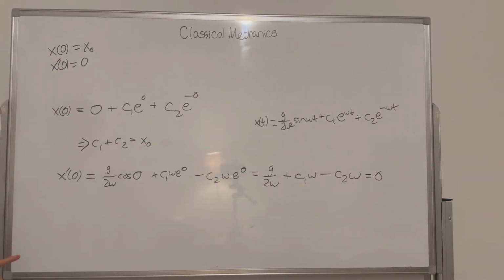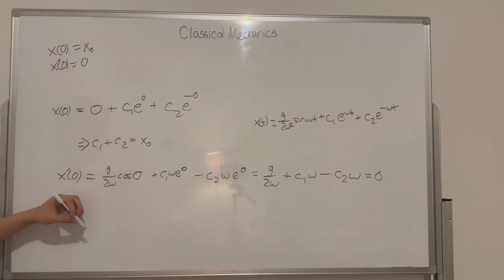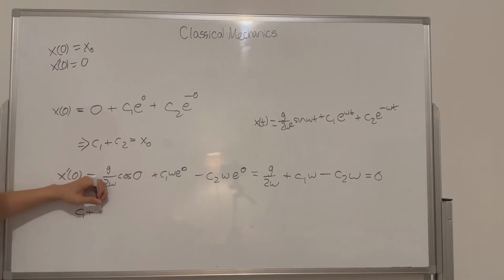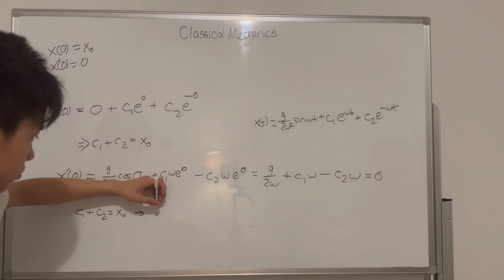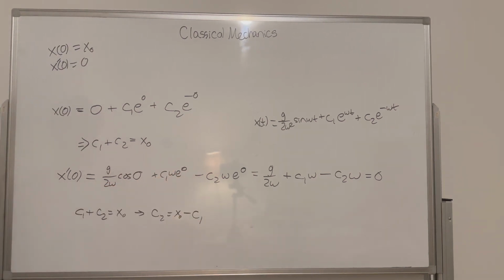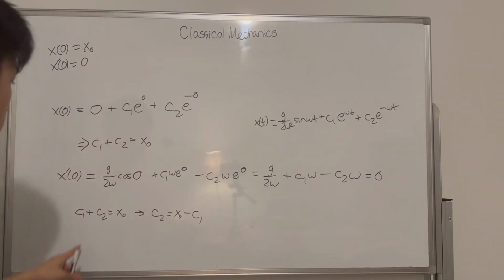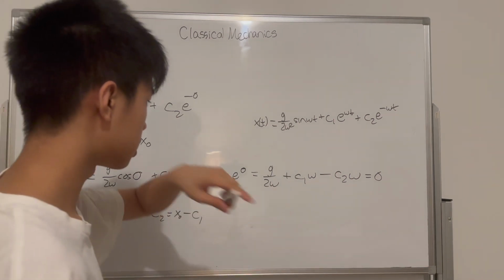Now this may look a bit confusing at first, but then you remember that it's just a simple system of equations. So we would say c1 plus c2 equals x naught. So that means that c2 is equal to x naught minus c1. We can plug this in here.